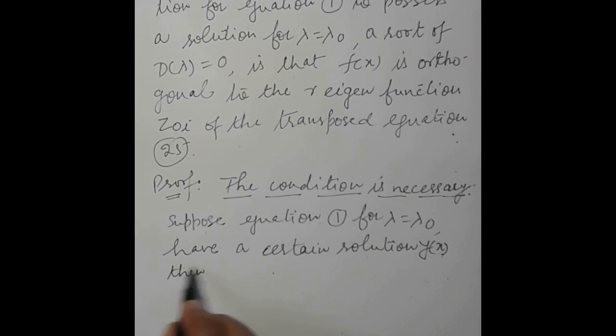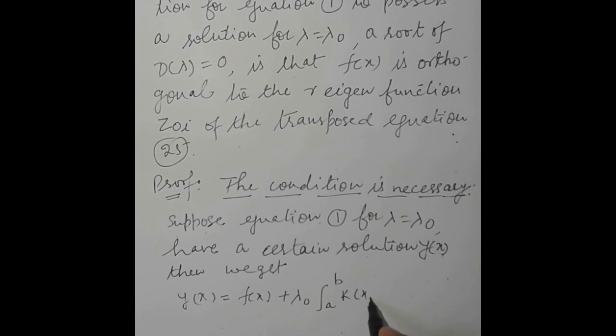Then we get y(x) equal to f(x) plus lambda naught, the integral from a to b k(x,t) y(t) dt, or f(x) equal to y(x) minus lambda naught, the integral from a to b k(x,t) y(t) dt.